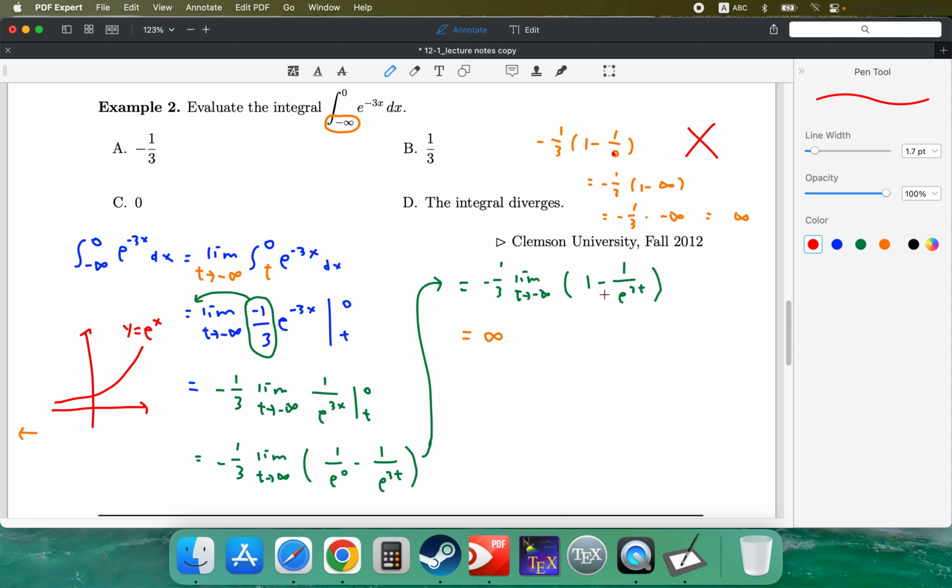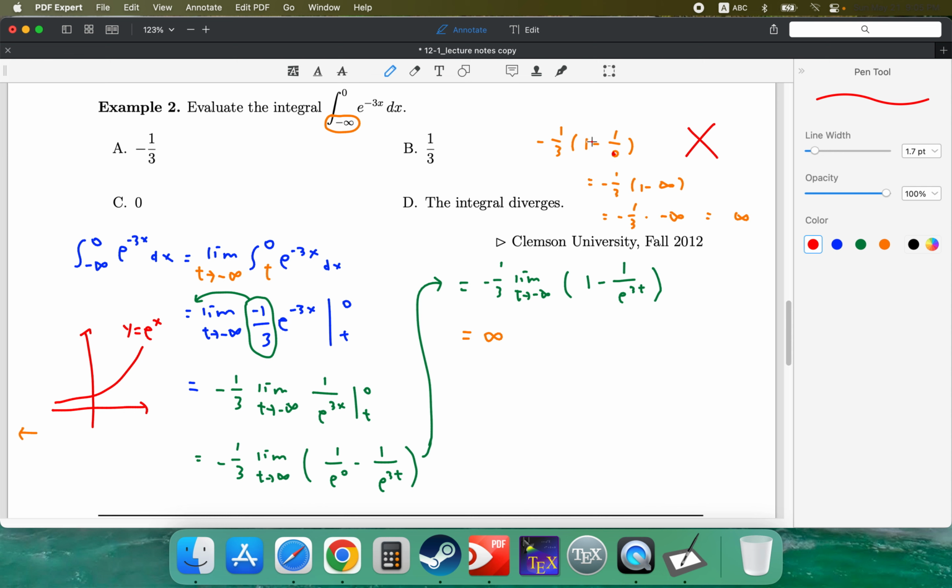So if you want, you can write this on your scratch paper. If that helps you understand better, you can definitely do it on your scratch paper. But do not write this as your work. Right here, I evaluate this directly and get a result of infinity.